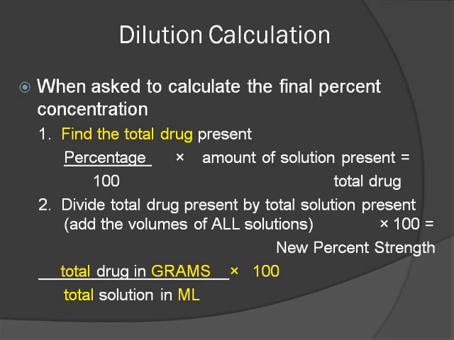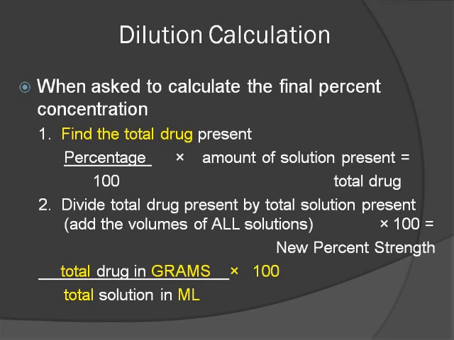When it says the total drug present, you're going to have to add the two answers that you first calculated, because you have two different concentrated solutions. You find the total drug for each solution and then add those two together. Then for the total solution in milliliters present, you add each volume together as well, and you have to make sure that you're in milliliters. Sometimes they'll give it to you in liters or ounces. You have to make sure that you are in milliliters.